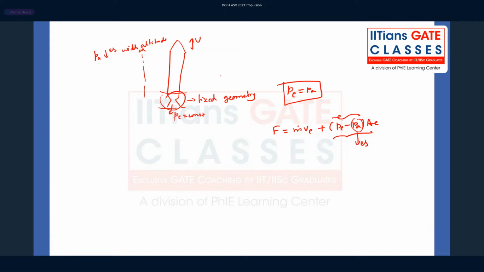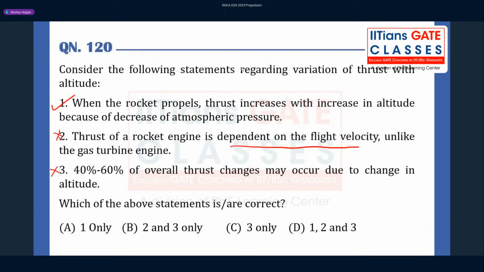So we will optimize the design according to the altitudes where it is operating. So we will optimize the nozzle. If I have a multi-stage, I can use a different nozzle to operate at different altitudes. So the statement 3 is not true in that sense. So here the option 1 or the statement 1 is correct.